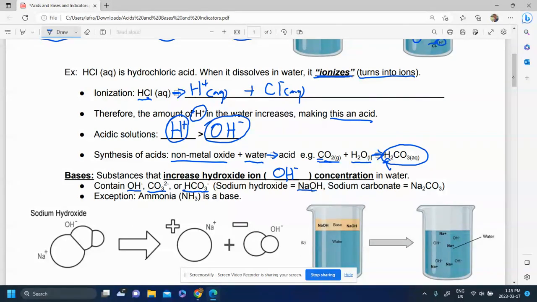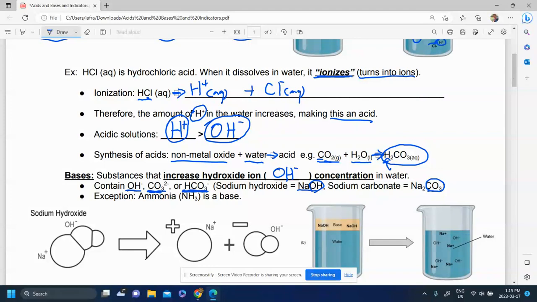So things like sodium hydroxide and sodium carbonate are considered bases. And the reason these are considered bases is because they do help to increase the OH- in other ways. You don't really need to know what other ways those are right now, but just get that if you see hydroxides, carbonates, or bicarbonates, those compounds would be considered basic.